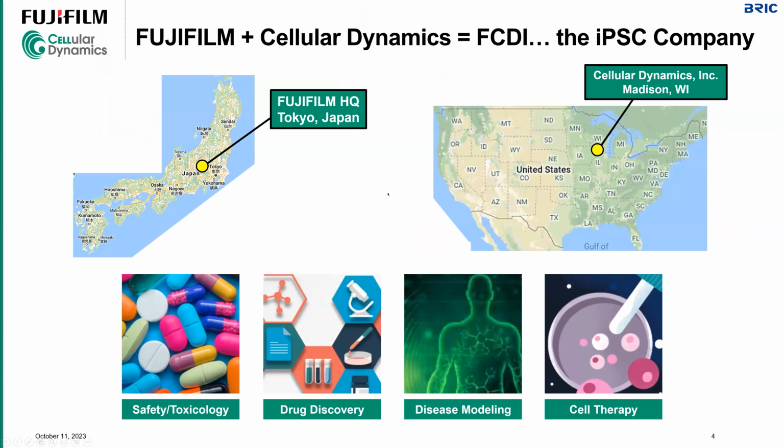Fujifilm Cell Dynamics was acquired by Fujifilm in 2015, but as Cellular Dynamics we have been generating iPS-derived cells since 2008, 2010. So we have a lot of experience bringing you human iPS-derived products that, as I mentioned, have been globally adapted in safety toxicology, drug discovery, disease modeling, cell therapy, and so on.